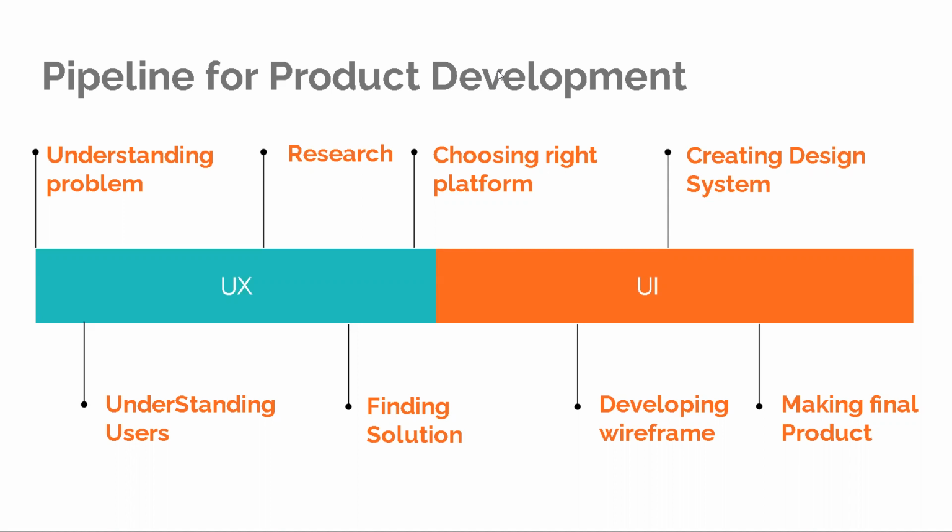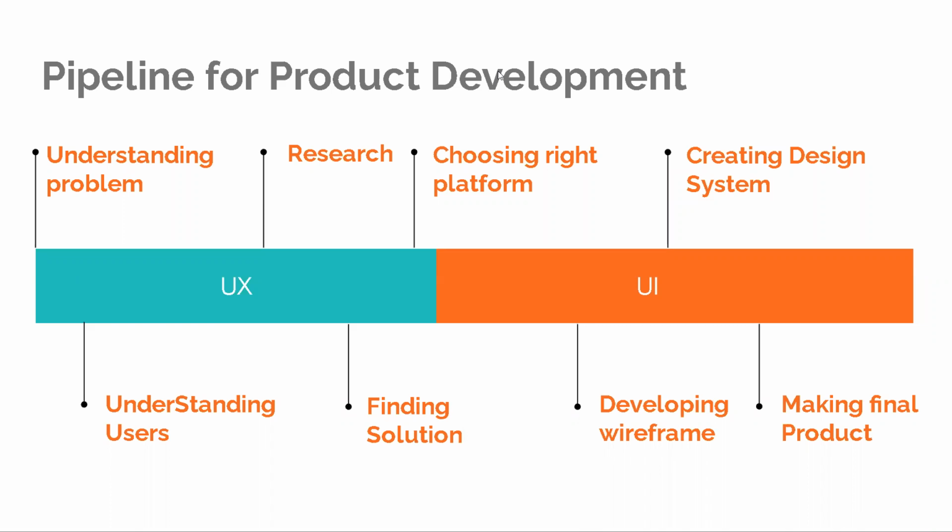Next, understanding the user. What does the user want? The user wants to book a car as early as possible. He doesn't want to spend so much time or have to find a taxi driver to book a car or a taxi.